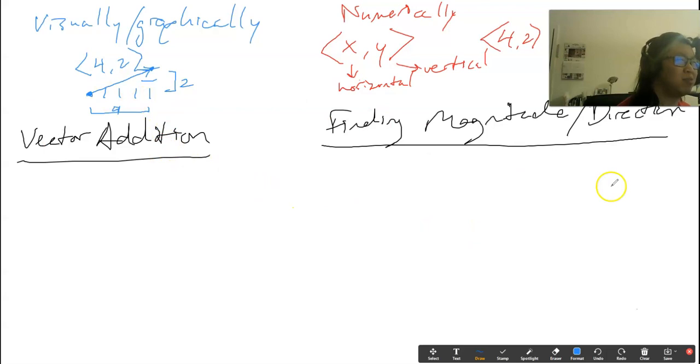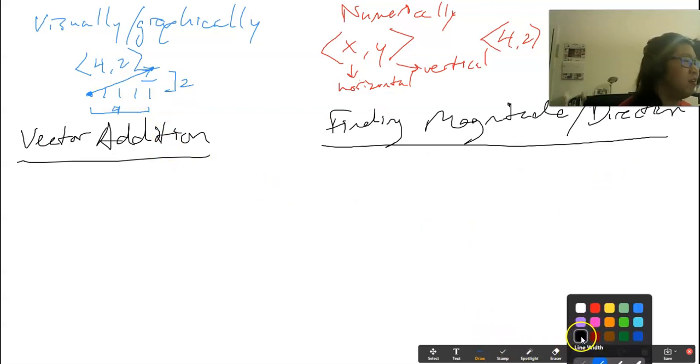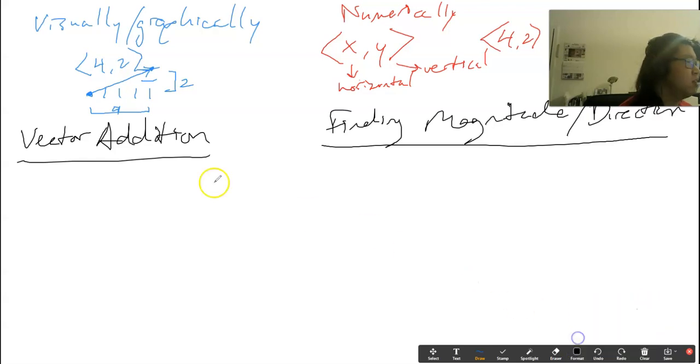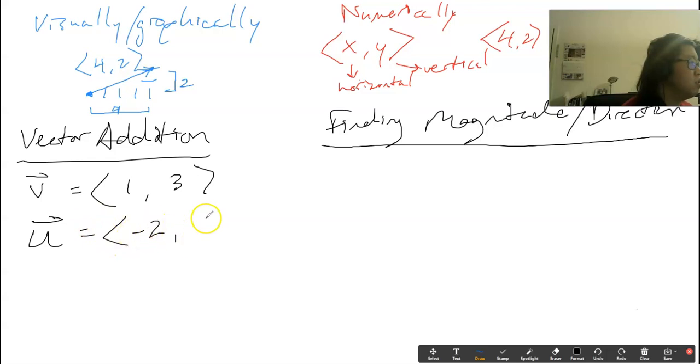Now let's talk about these two things down here really quickly. Vector addition is very, very simple. If I have a couple of vectors, let's say I call vector v, which is going to look like that, <1, 3>. This is a very quick example. And I describe vector u, which is another way to write different vectors, as <-2, 0>.